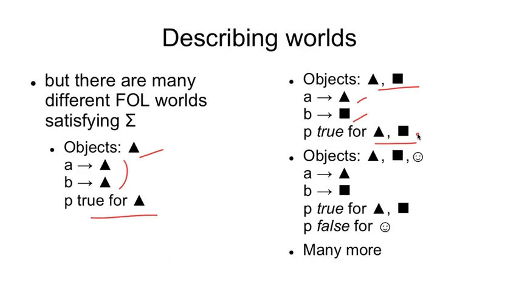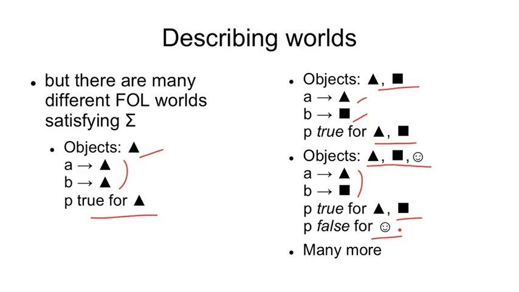A third one where the objects are triangle, square, and smiley face. A and B still refer to triangle and square respectively. P remains true for triangle and square, but it is false for smiley face. And there are many, many more possible worlds in first-order logic that satisfy sigma.